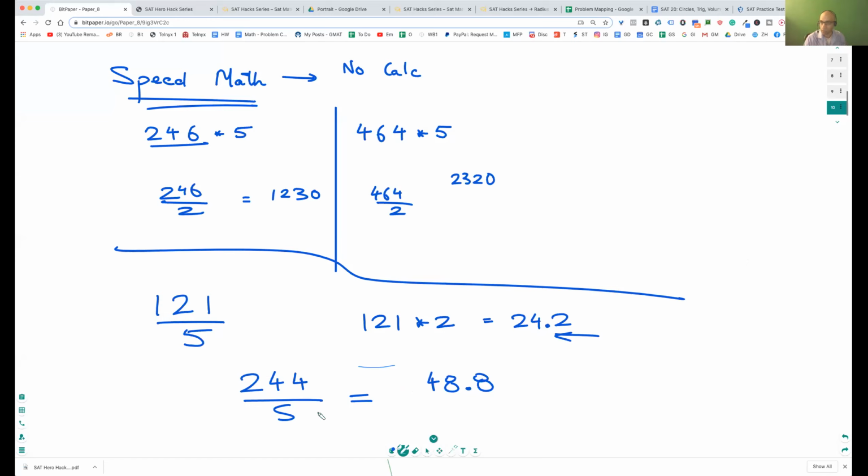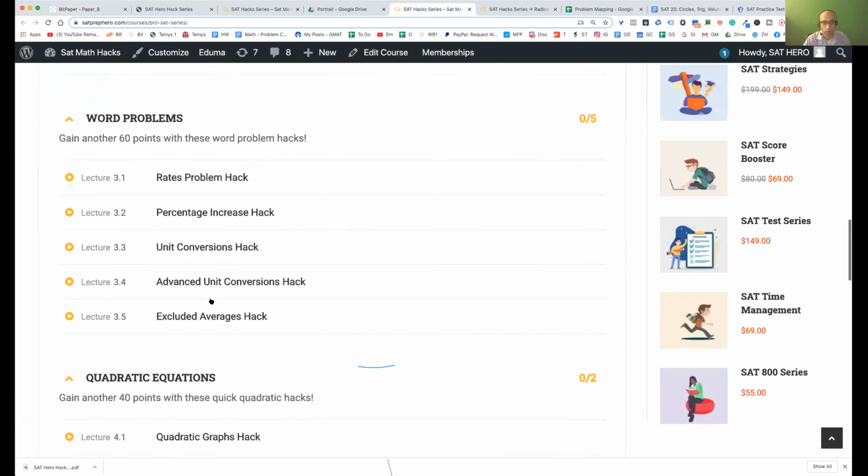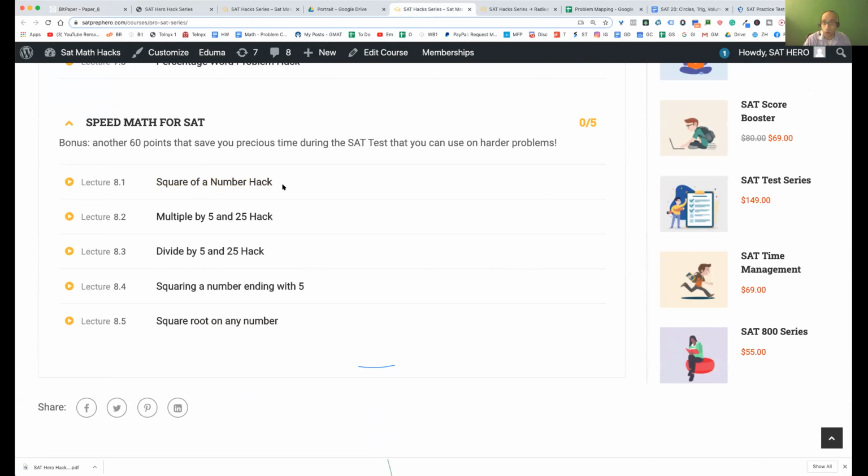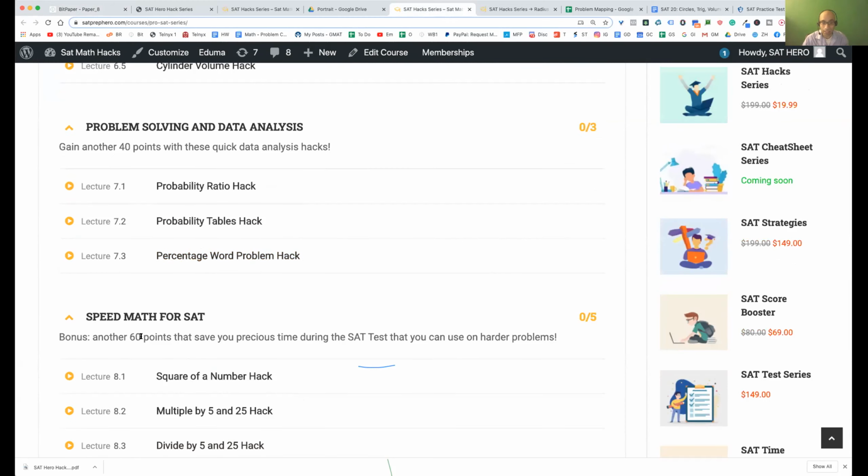Well done. There are quite a few of these tricks also included in our SAT hack series right over here at the bottom. How do you find the square of a number? Super easy. Multiplying by 5, I've shown you. There's another way you can divide by 25 and multiply by 25. Same deal. Squaring a number, how to square root a number. All of these hacks are also included. That's huge.